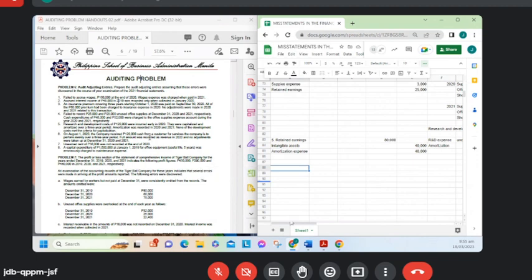On August 1, 2020, the company received 120,000 pesos cash from a customer for services the company is to perform evenly over a 3-year period. So the full amount was recorded as revenue in 2020 and no adjustments were taken up, no, at December 31, 2020 and 2021. So this is an unearned revenue.